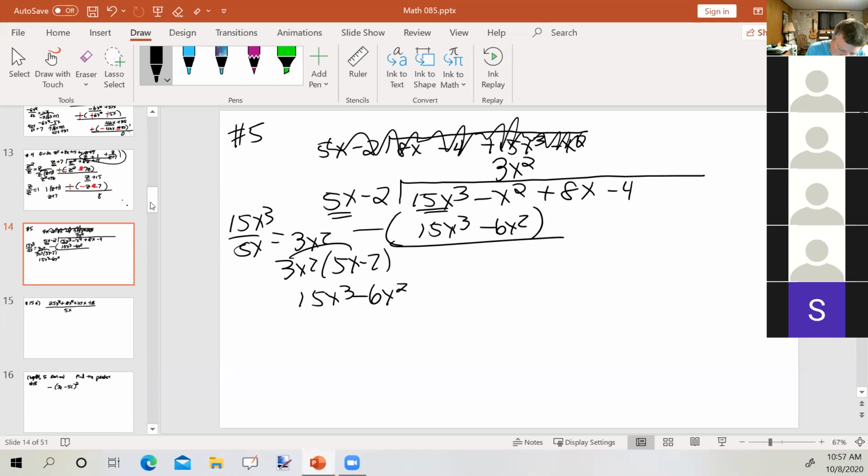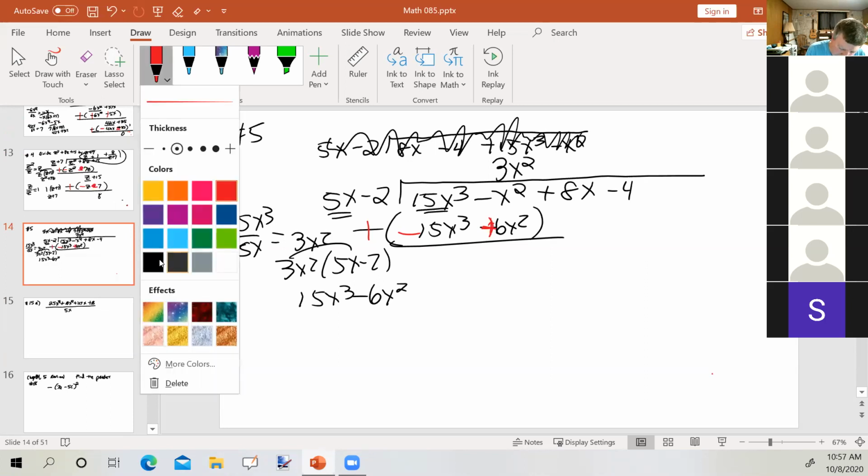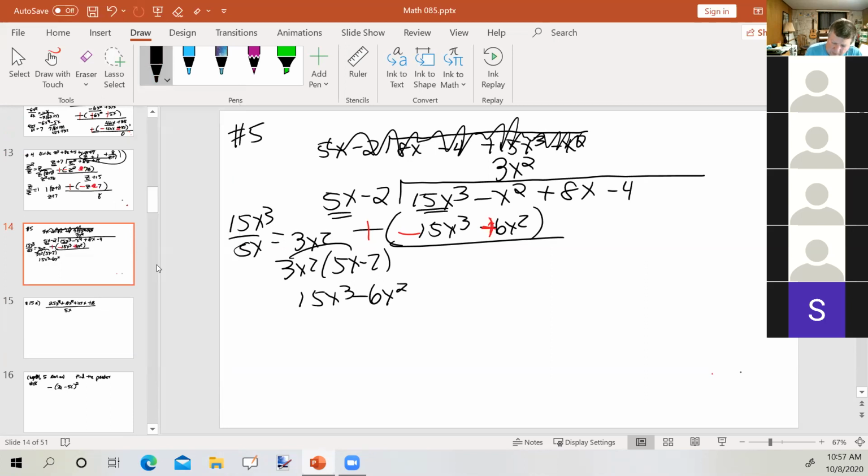We're going to subtract that from what's up above, change it to addition of the opposite, add up the columns, and I get 15x cubed plus negative 15x cubed is 0x cubed. Negative x squared plus 6x squared is 5x squared plus 8x.